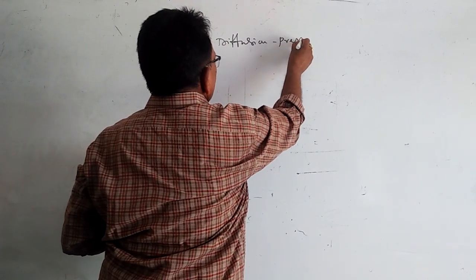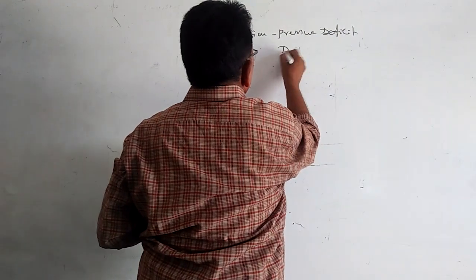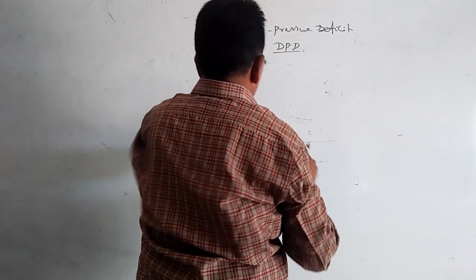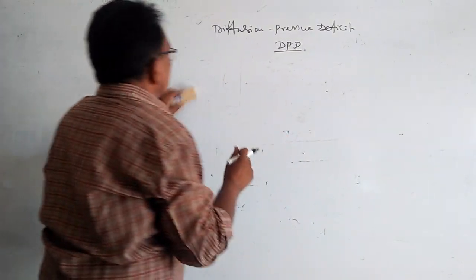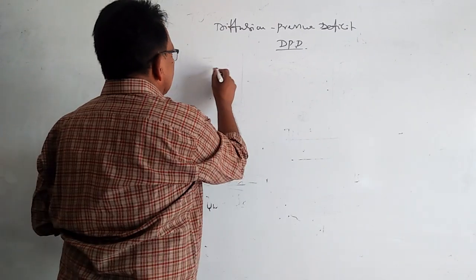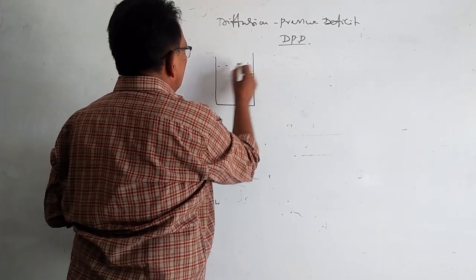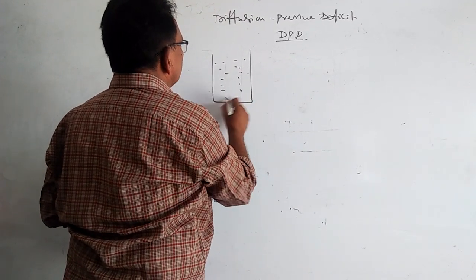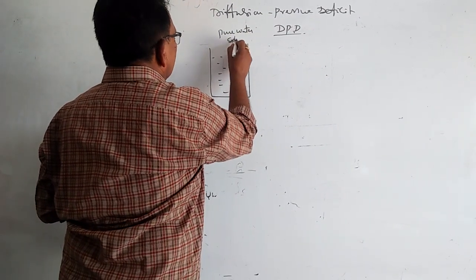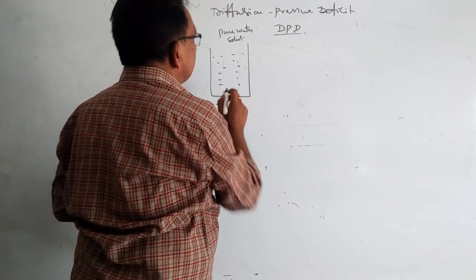And there is another concept, diffusion pressure deficit. We can also call it DPD. It can be calculated like this. Suppose you take pure water, that is, pure solvent. It shows some diffusion pressure.